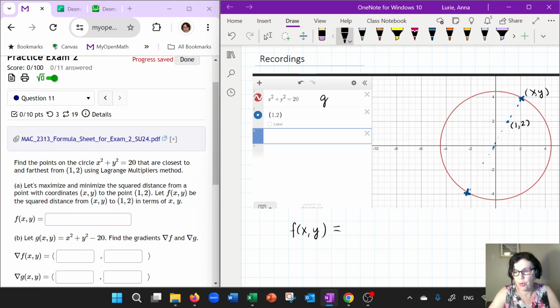And the distance formula looks like this. You take a point with arbitrary coordinates x and y, and you subtract 1 from x and subtract 2 from y and square them. And generally speaking, you have to take the square root if you're talking about distance itself. But here I prefer to use the squared distance as opposed to distance itself.